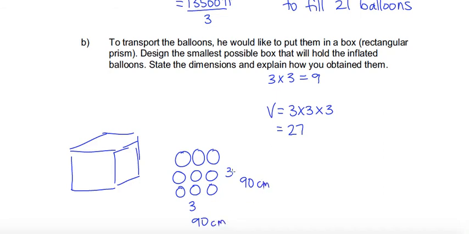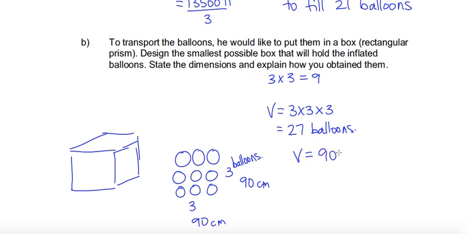So I know my box will hold 27 balloons, but I only need 21 balloons. So my box is going to be big enough. So now I need to think about dimensions. If I stick them in so that there is no wiggle room because I don't want my balloons to float away, then my dimensions would be 90 centimeters by 90 centimeters by 90 centimeters.